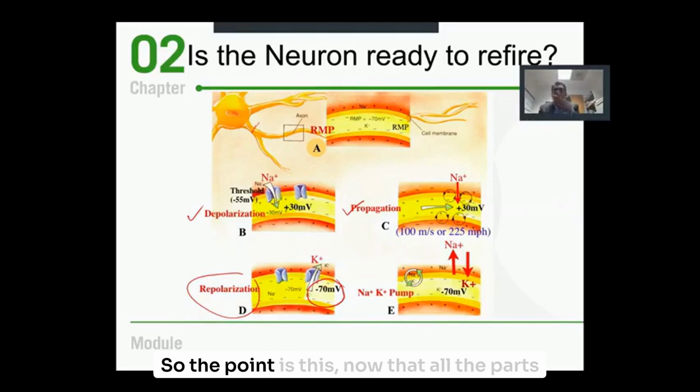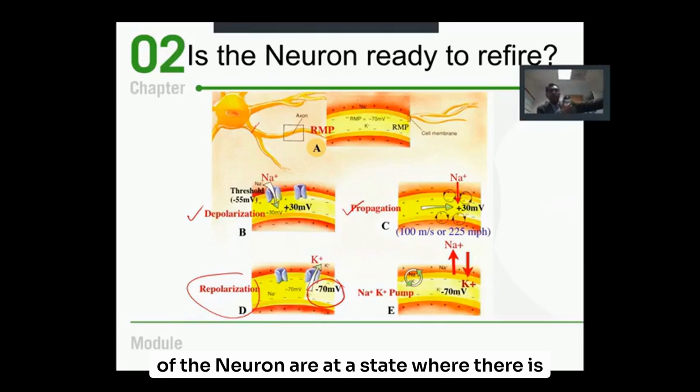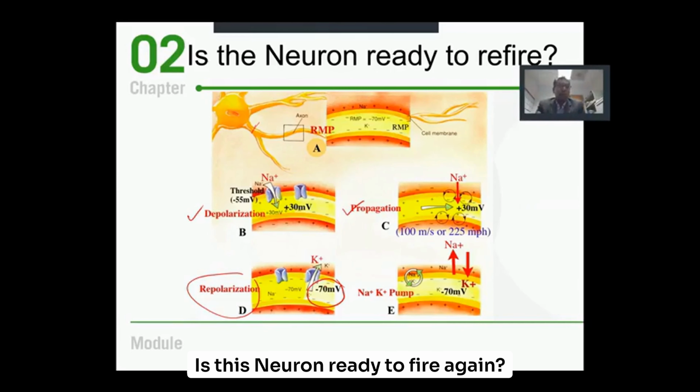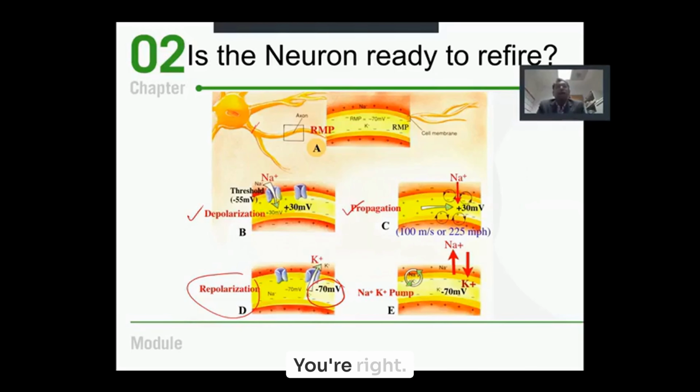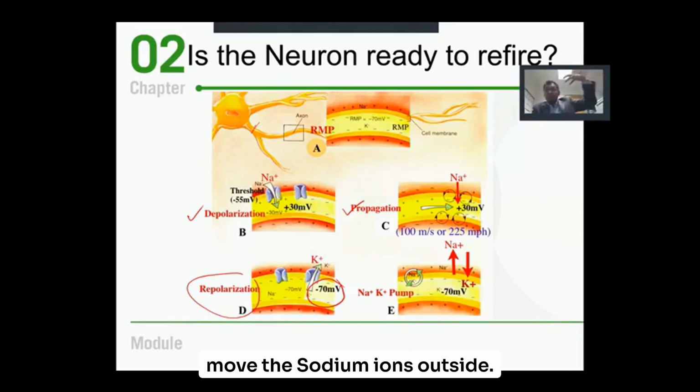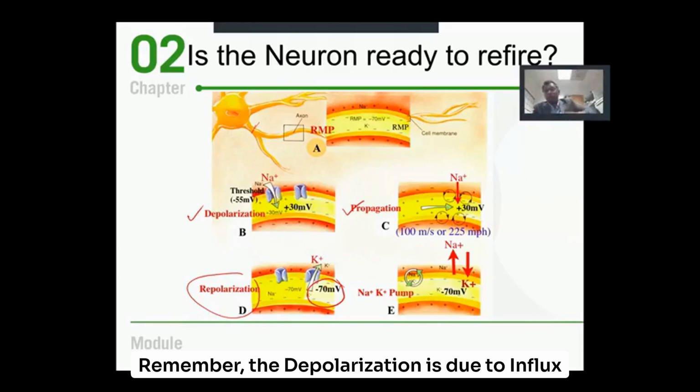So the point is this: now that all the parts of the neuron are at negative 70 millivolts, back to resting membrane potential, here's a question: is this neuron ready to fire again? Yes, I'm asking you. Just think about it. You're right. No. Why is it not ready? For it to fire again, it should be able to move the sodium ions outside. Remember, the depolarization is due to influx of sodium, but the sodium is trapped inside the neuron.